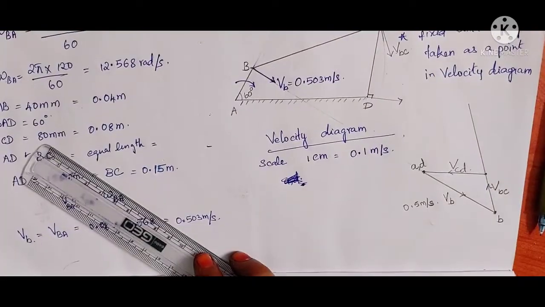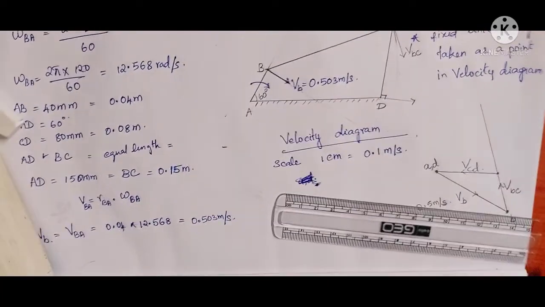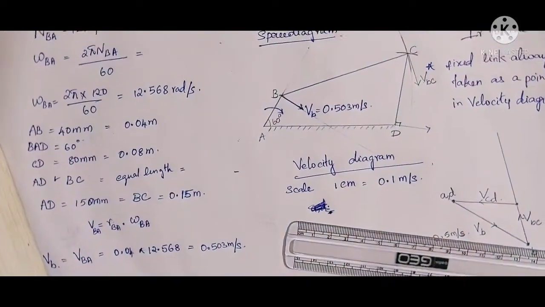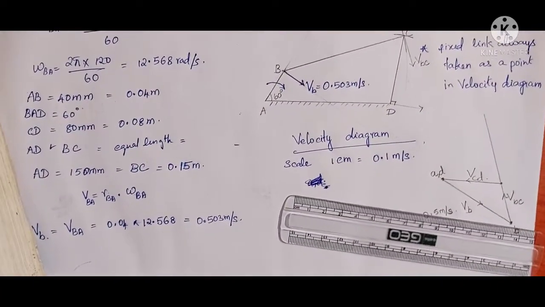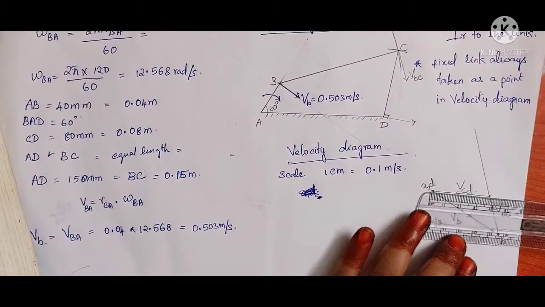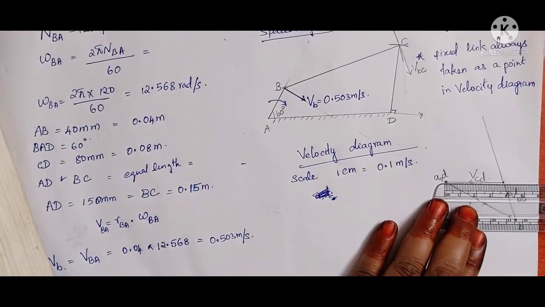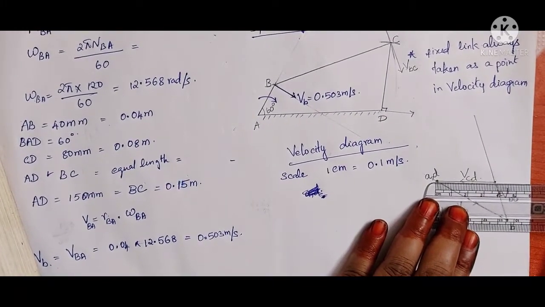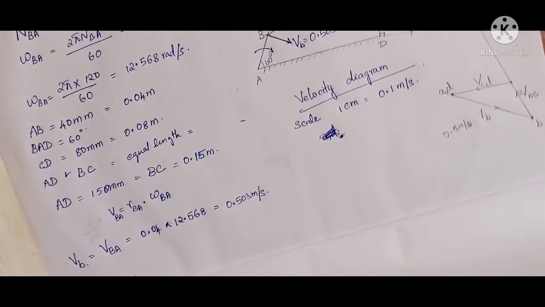After finishing this particular velocity diagram, in the problem they asked about the angular velocity of the link CD. For angular velocity we need the VCD value. So from this diagram, measure this VCD value. While measuring, it comes to nearly 3.7. That value is nothing but the VCD value.